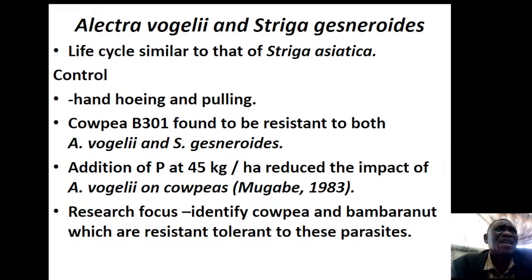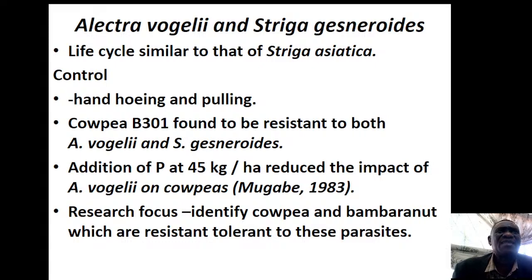Now, what about Alectra vogelii and Striga gesnerioides? We can simply say the life cycle is similar to that of Striga asiatica. And control measures, yes, people can do hand hoeing and pulling, but this may not be effective.